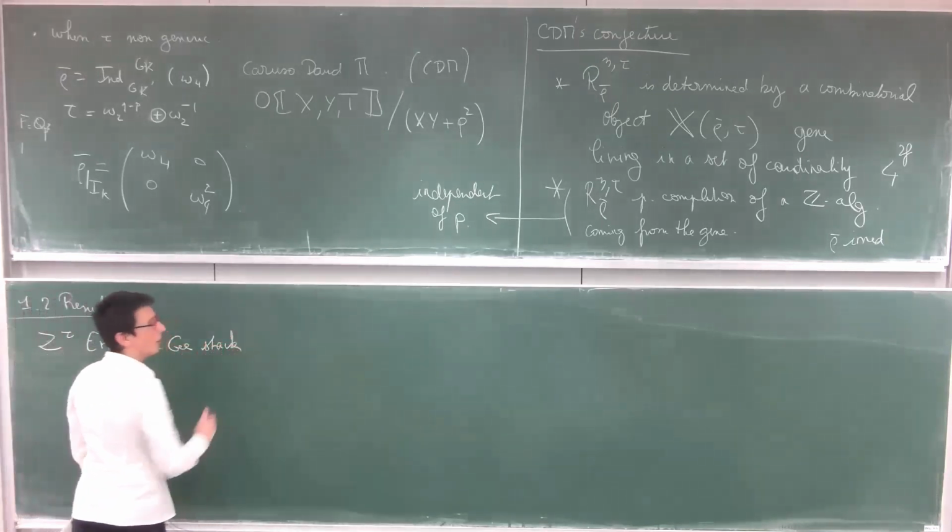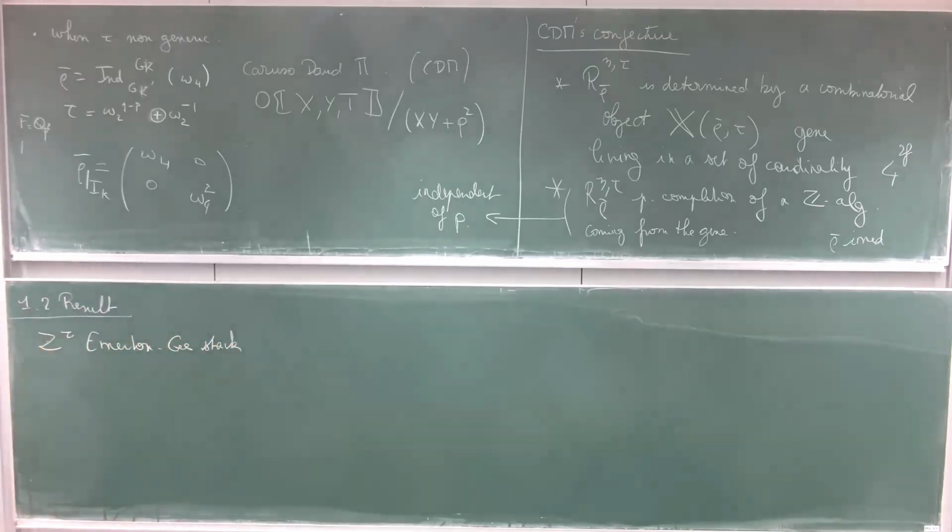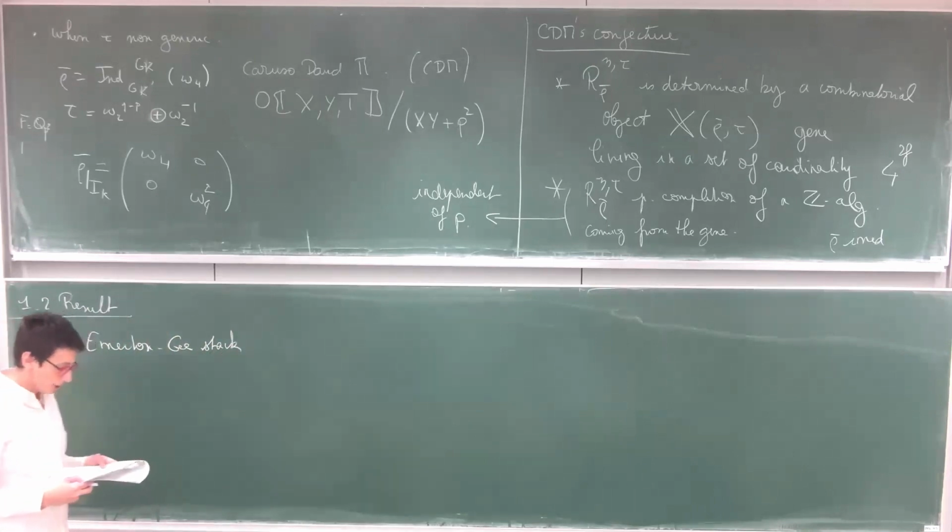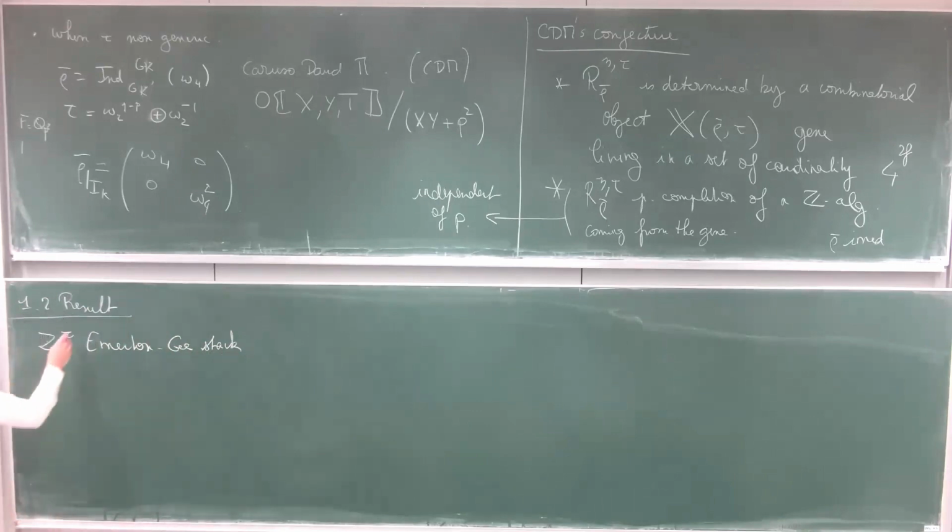I will say more about this object later, but let me say that it's a moduli stack of the object we are looking for, the Barsotti-Tate representation with the same inertial type. And why does this object appear in our question?